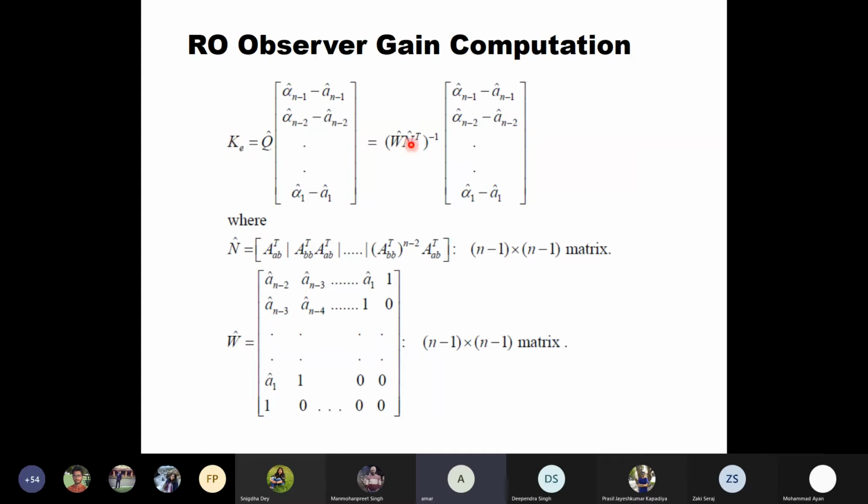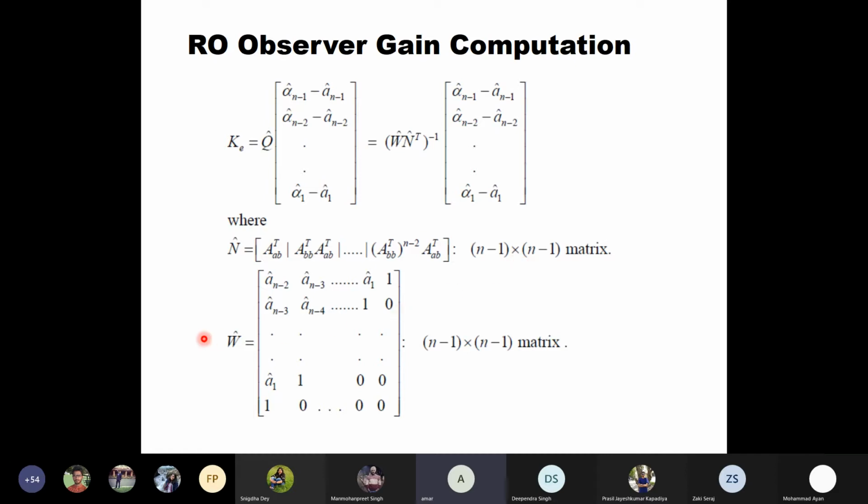KE will be given by (W hat N hat transpose) inverse times [alpha n minus 1 hat minus A n minus 1 hat, alpha n minus 2 hat minus A n minus 2 hat, ..., alpha 1 hat minus A1 hat]. Here N hat, the observability matrix, is AAB transpose, ABB transpose AAB transpose, and so on, which will be an n minus 1 by n minus 1 matrix.